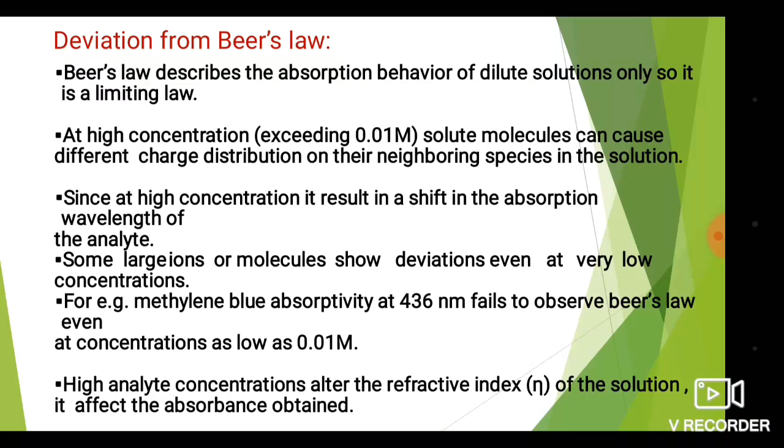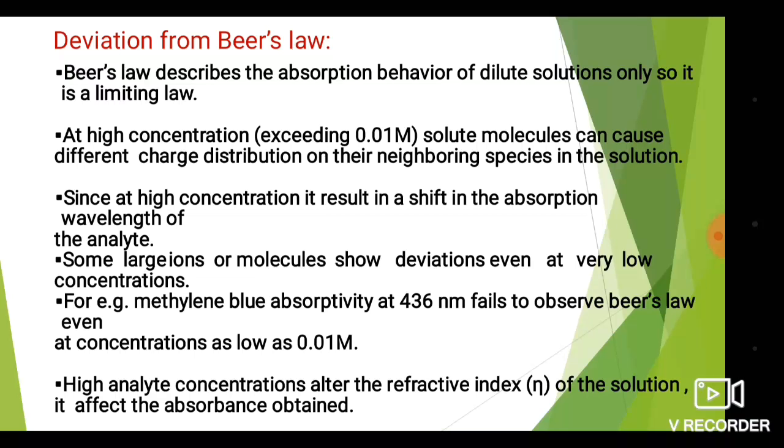Some large ions or molecules show deviation even at very low concentration. For example, methylene blue absorptivity at the wavelength 436 nanometers fails to obey Beer's law even at concentrations as low as 0.01 molar.